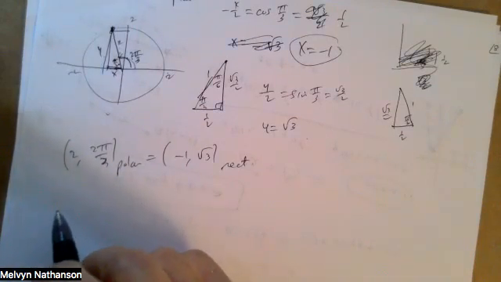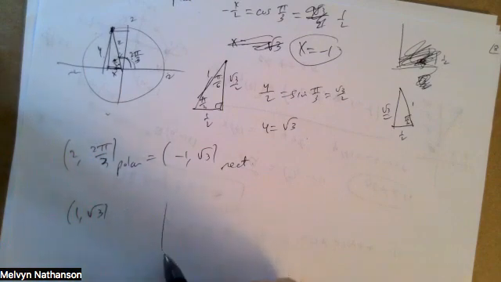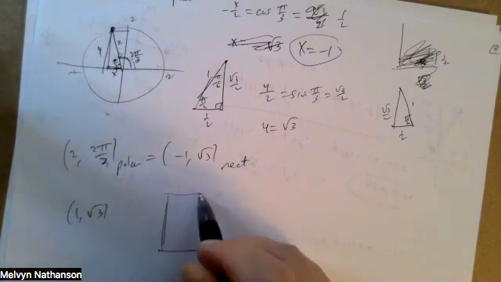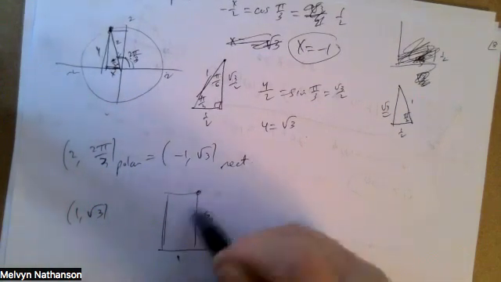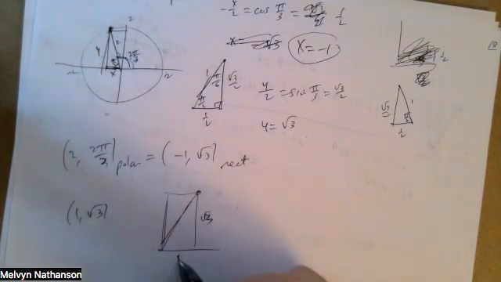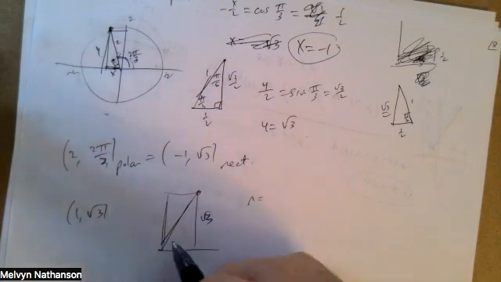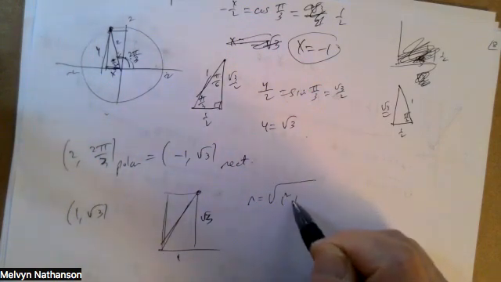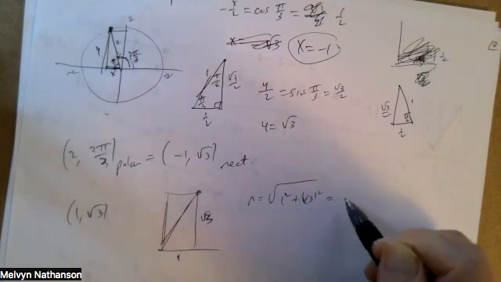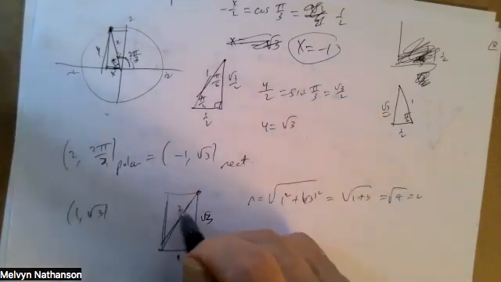And to go in the opposite direction, if you have a point 1, root 3 in rectangular coordinates, this is the point. What is it in polar coordinates? So the distance to the origin is the square root of 1 squared plus root 3 squared, which is the square root of 1 plus 3, the square root of 4, which is 2.